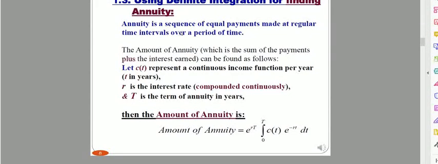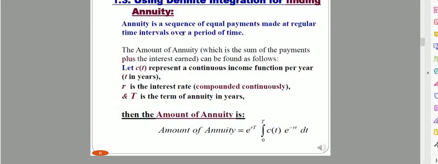So the annuity here is a sequence of equal payments made at regular time intervals over a period of time, which means it's something like a retirement plan, where you are paying an income, whether it's a fixed amount you pay yearly, or someone pays it yearly, or quarterly, or in different periods of time for a period of time.